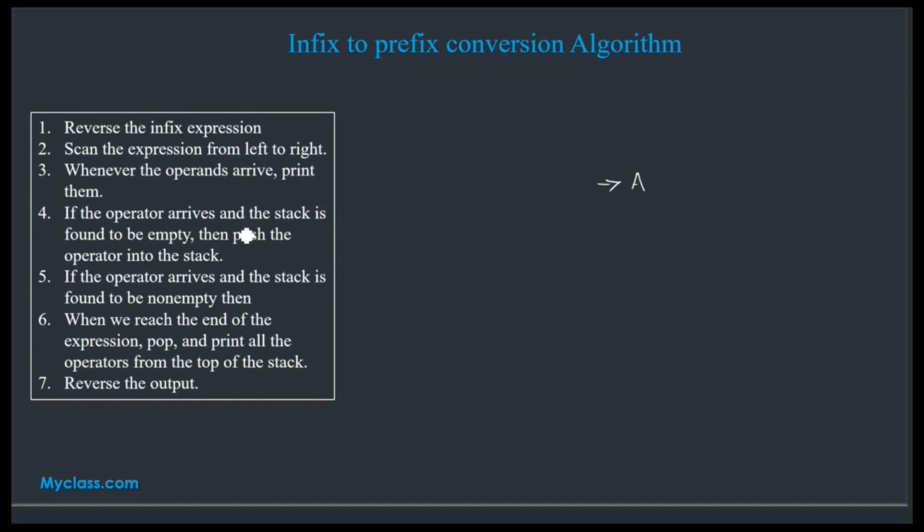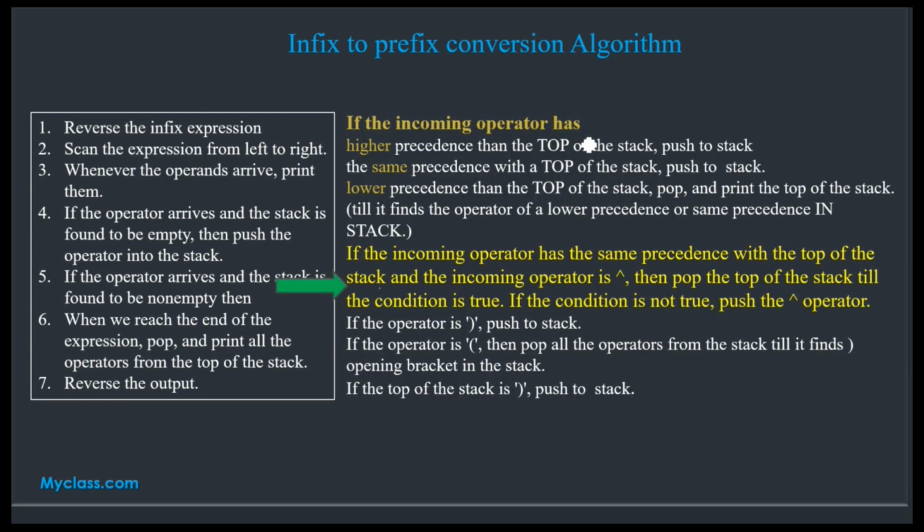If an operator arrives and the stack is found to be empty, meaning nothing is there in the stack, then we just push that operator. No need to check any condition. But if the operator arrives and the stack is non-empty, then we want to check several things. If the incoming operator has higher precedence than the top of the stack, then push it into the stack. If it has the same precedence, then also we push it into our stack.